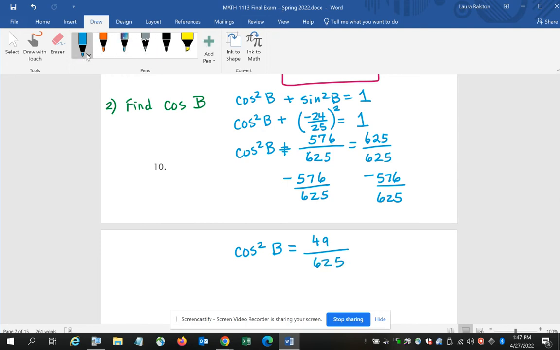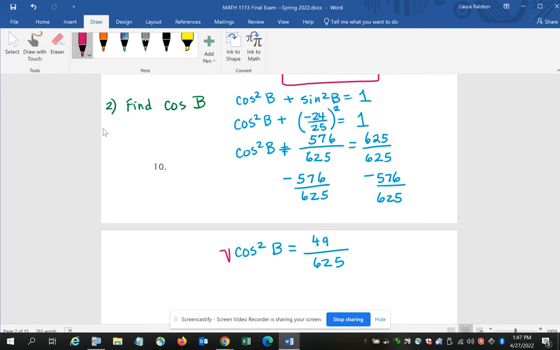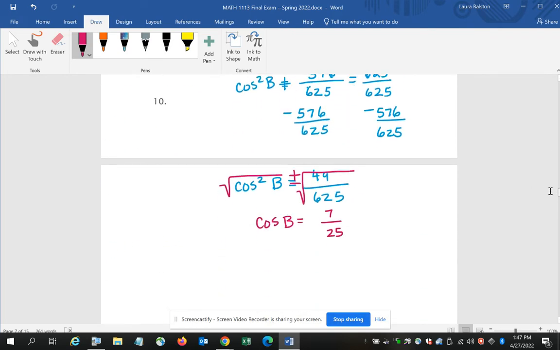I don't want the square, I just need plain old cosine. So I'm going to square root both sides, again realizing it could be positive or negative. So I have cosine of B equals 7/25. We are originally told that angle B is in quadrant 3. In quadrant 3, you would have a negative cosine and a negative sine. So I need negative 7/25.